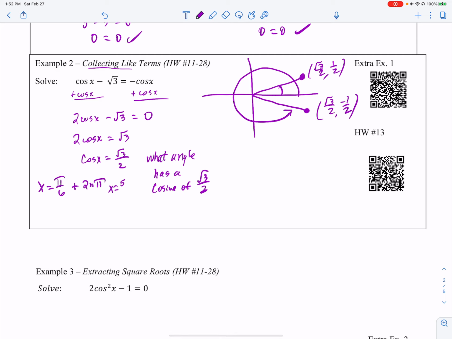Pi 6, the angle, plus 2n pi. And then for the second one, I'm going to erase this. Second one, we are in quadrant 4, and that's 11 pi 6, pi 6 short of a full rotation, plus 2n pi. And on both of these, n is an integer.